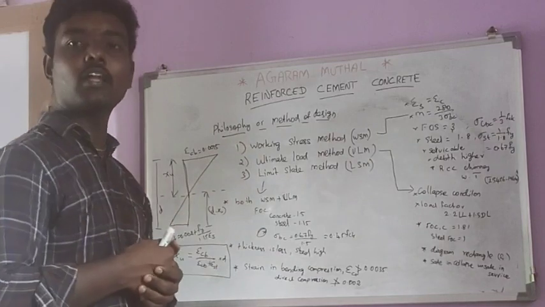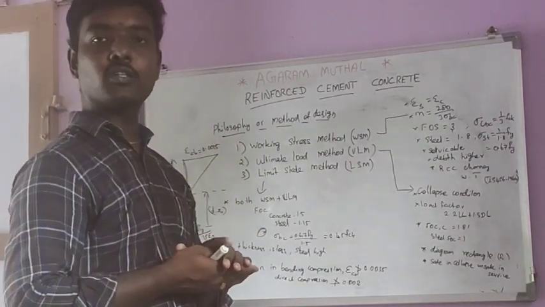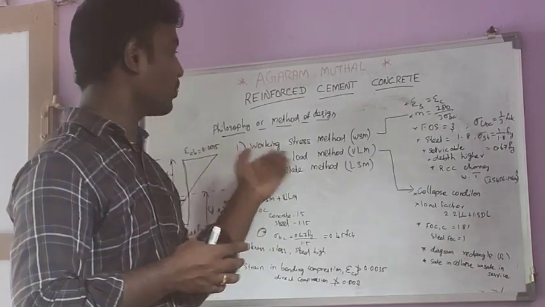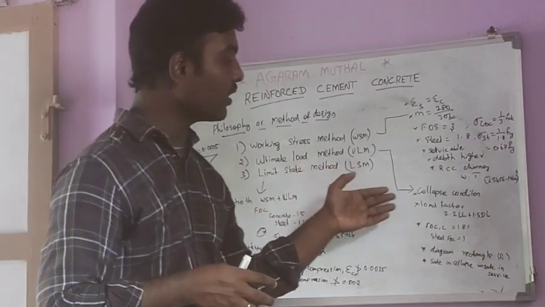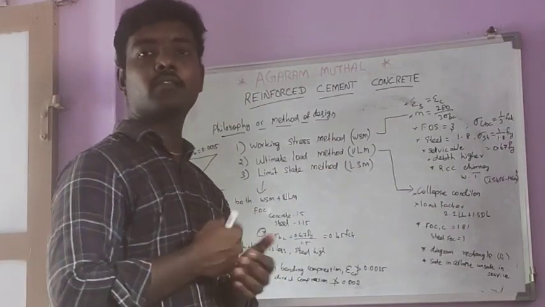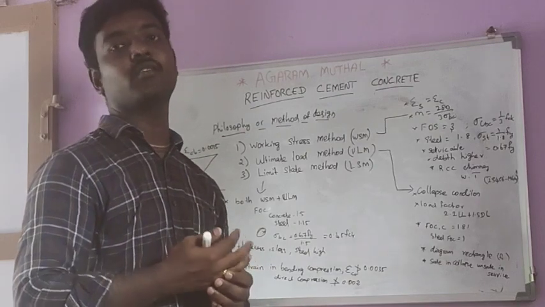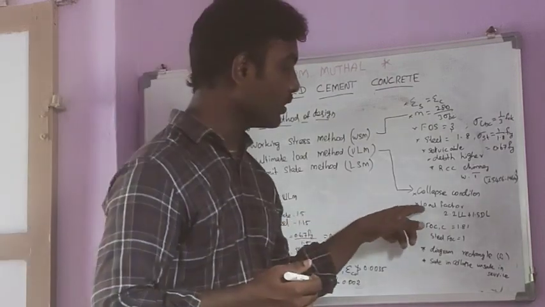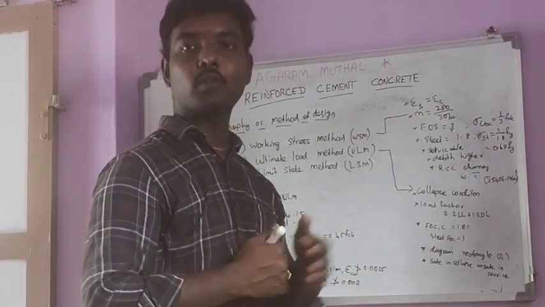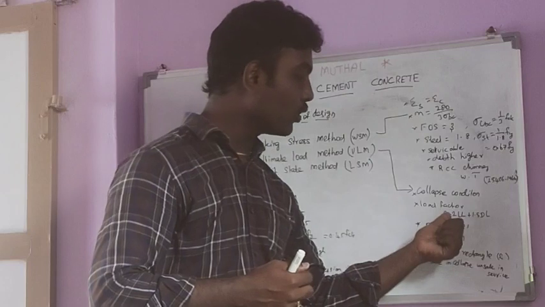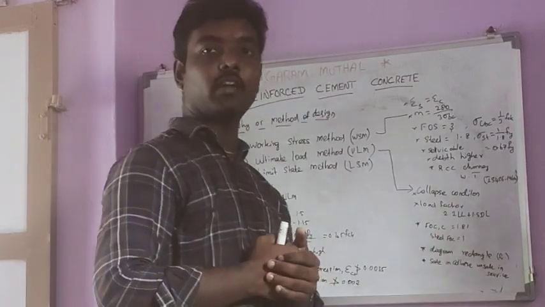And the second one is the ultimate load method. In the 1950s, some improvements were proposed in the working stress method, which is called the ultimate load method. This method has a very good safe condition against collapse, but is not safe against serviceable conditions. Here, instead of the factor of safety 3 on load, we have proposed load factors: 2.2 times of live load and 1.5 times of dead load.